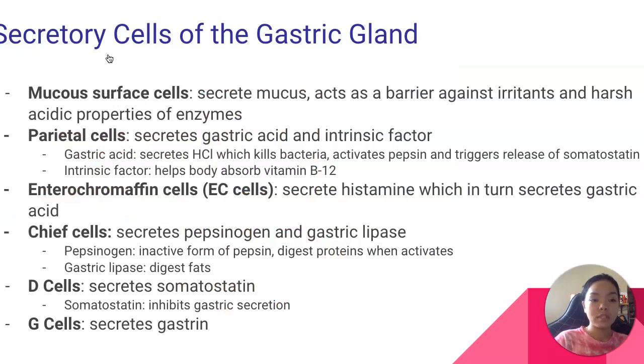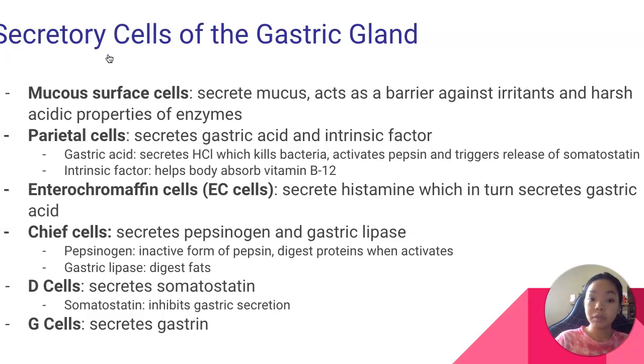So the secretory cells of the gastric gland. First, I'm going to talk about mucus surface cells, and these cells are responsible for secreting mucus, which acts as a barrier against irritants and harsh acidic properties of the enzymes that we secrete. So essentially this is a barrier to protect our stomach. Parietal cells secrete gastric acid and intrinsic factor.